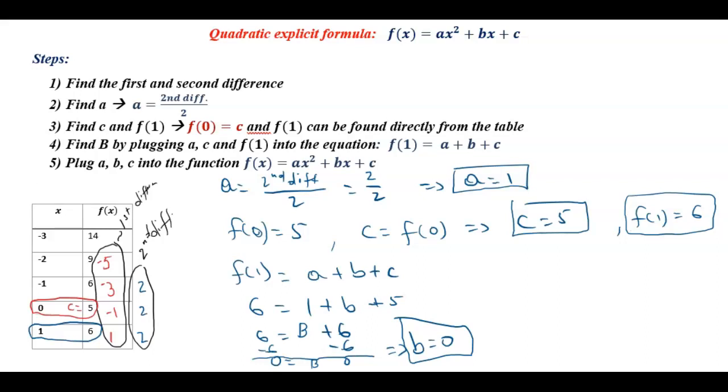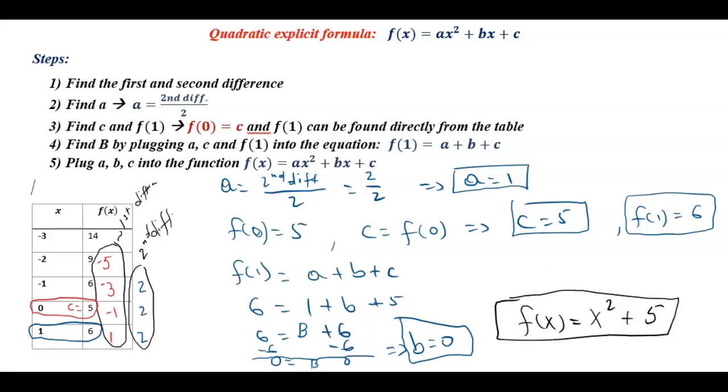So we're going to have f of x equals 1x squared, which is just x squared, plus 5. Since b is 0, we're not going to have that term. So f of x equals x squared plus 5. We're going to circle this right here. So that is our answer.